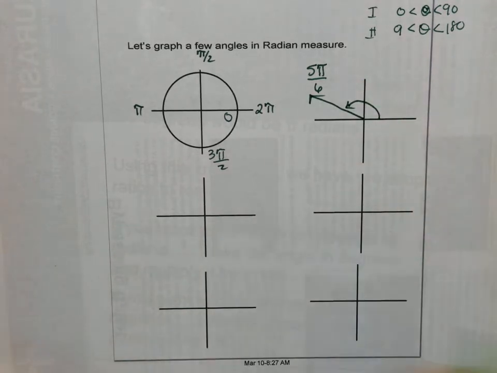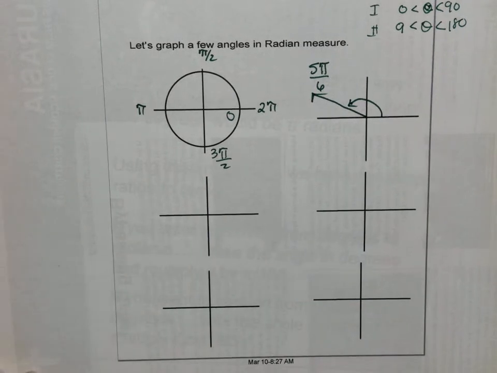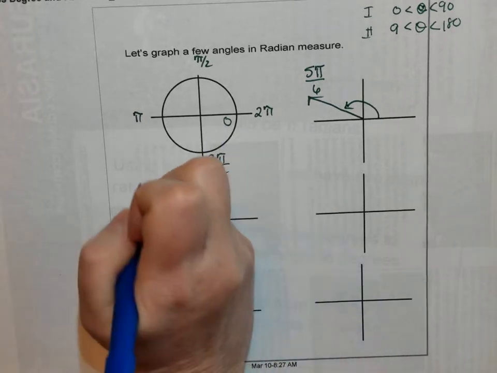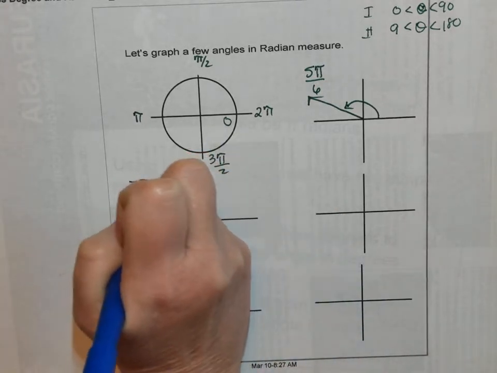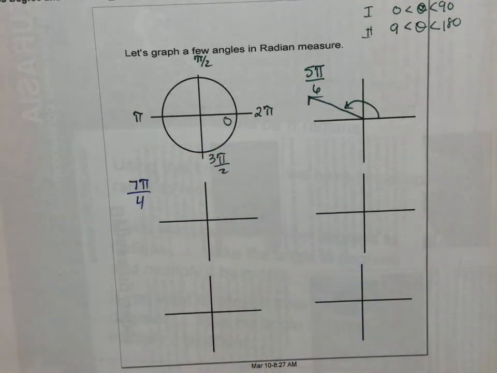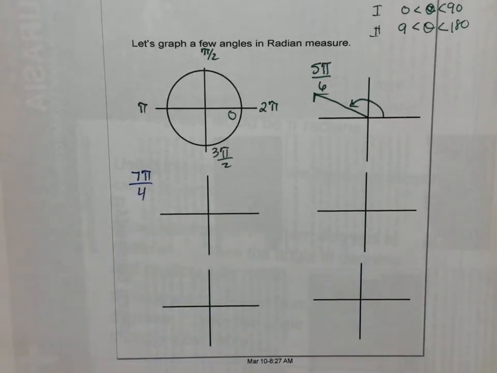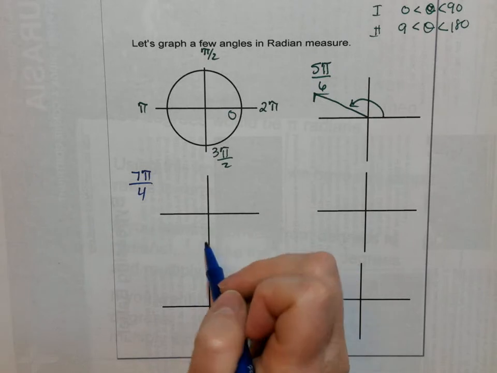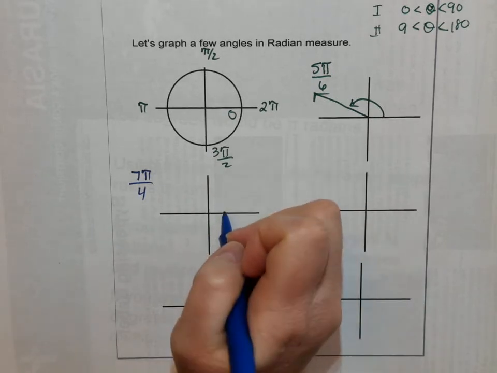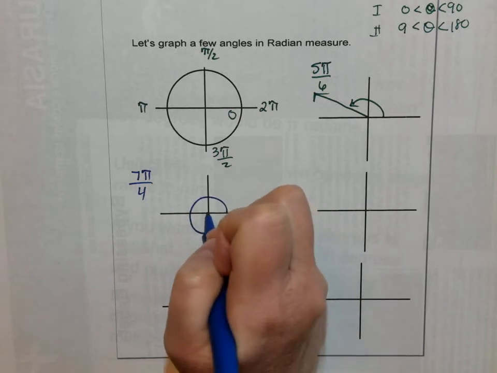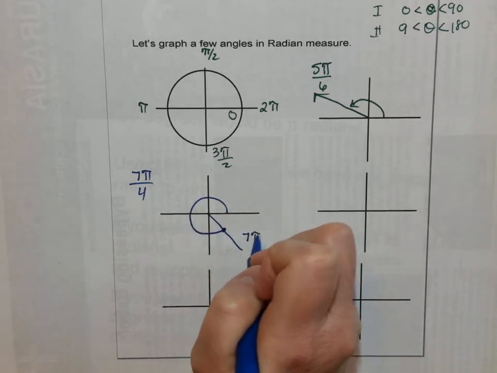Make sense? What if I wanted to graph 7 pi over 4? That's 1 3/4 pi. So I already know it's past 1. Is it past 1/2? Oh, it is. 1 3/4 takes me all the way around to here. Here is 7 pi over 4.